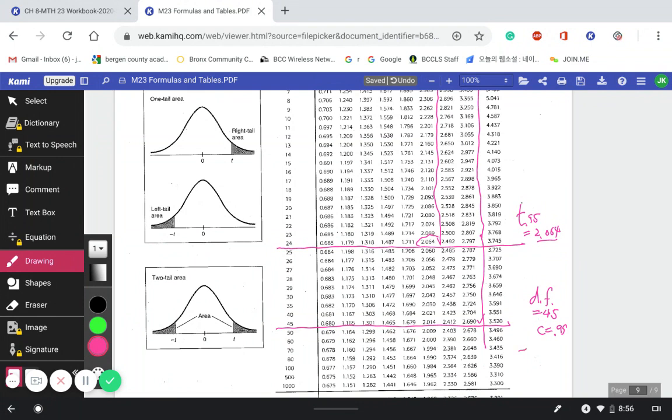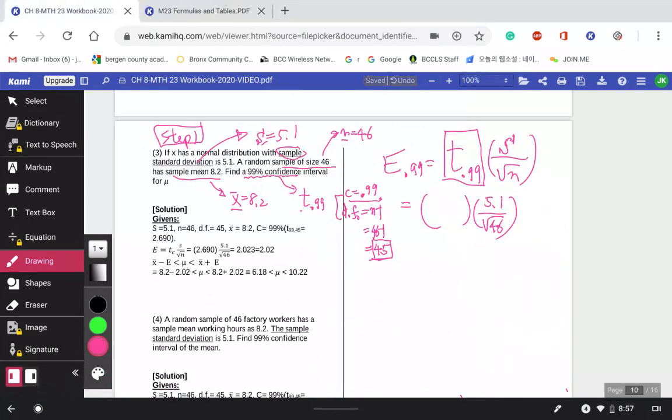So the value of T of 0.99 in this case was 2.69. So we're going to bring this 2.69 back and plug it into our formula. 2.69, here 2.69. So when you actually calculate, nice and easy for this, you got 2.023.